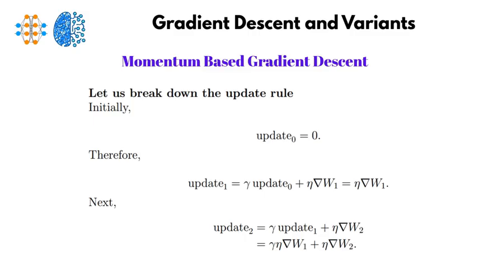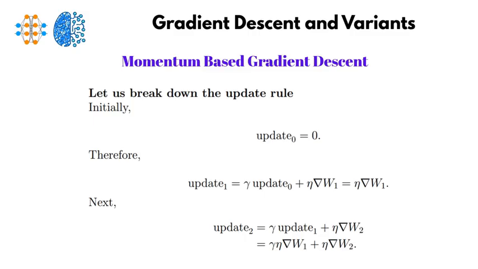So when we substitute it into the equation, we get update 2 equals gamma multiplied by eta multiplied by the gradient of w1 plus eta multiplied by the gradient of w2. Now notice something important. The current gradient, which is the gradient of w2, gets its full contribution. But the previous gradient, which is the gradient of w1, is still present and its contribution is multiplied by gamma.